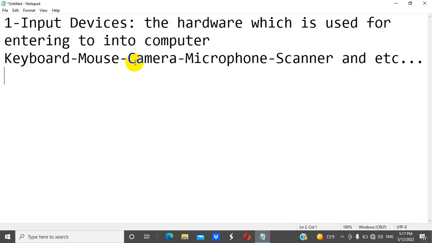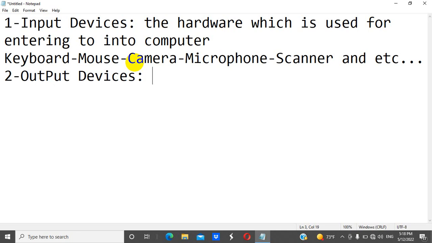And number 2. The second type of hardware in a computer system is called output devices. What is the function of output devices?